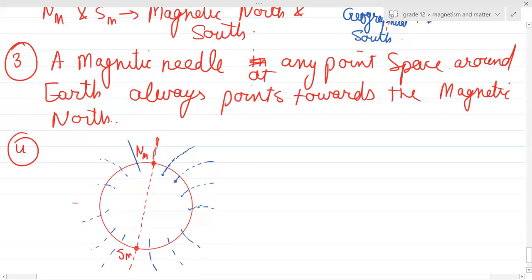When people tried to go to different points, they found that the lines were coming into the plane over here. With the help of a magnetic needle, you can predict the direction of the magnetic field, right? And the lines were going out of here. So at different points in the northern hemisphere, the magnetic lines were getting into the Earth. In the northern hemisphere, the magnetic field lines were observed to be going into the plane, whereas in the southern hemisphere, the magnetic field lines were observed coming out of the surface of Earth.